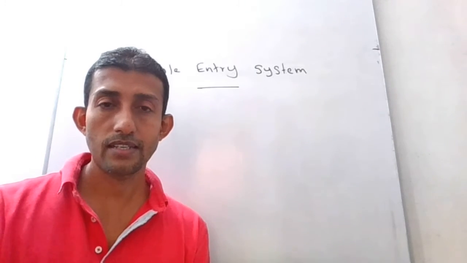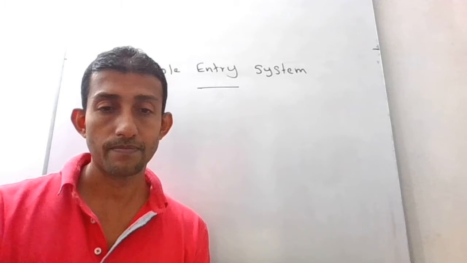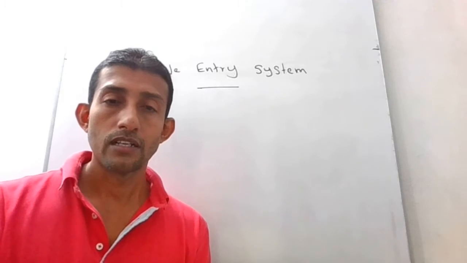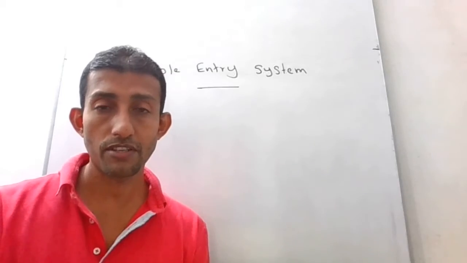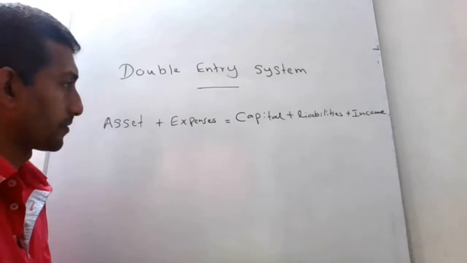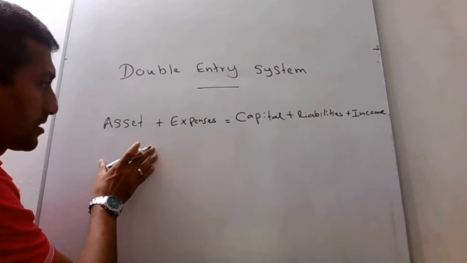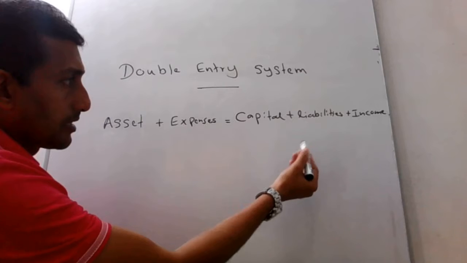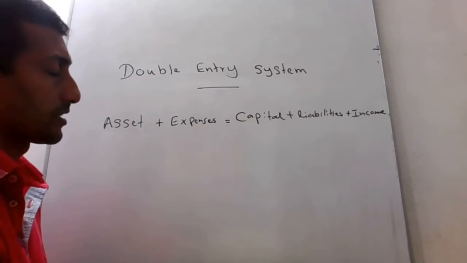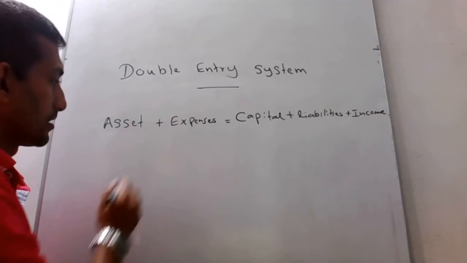Now let us understand this transaction in the ledger. Before that, I'm sure you can remember the accounting equation. This is the accounting equation. As you can see here, we have assets and expenses on one side, and capital, liabilities and income on the other side. Here we call it the debit side.